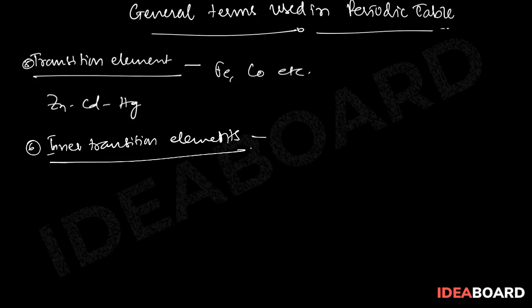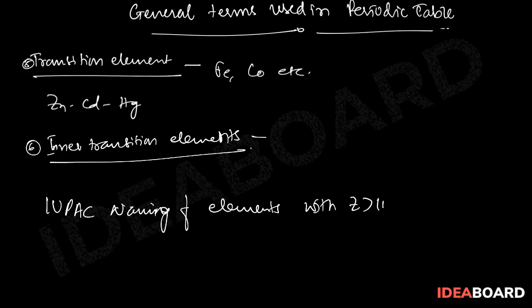Then we see how to name an element if it has an atomic number greater than 100. The elements up to atomic number 100 are already named. So this is IUPAC naming of elements with Z greater than 100, the next topic which we are going to discuss.